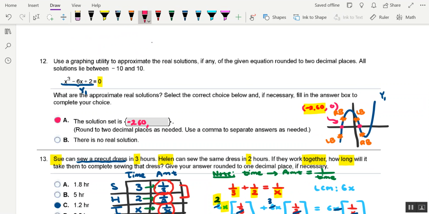And to two decimal places, we're looking at roughly 0.34, 0. Alright, so our second solution to 2 decimal places is roughly 0.34.